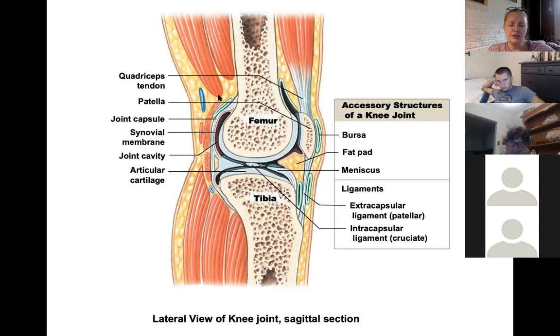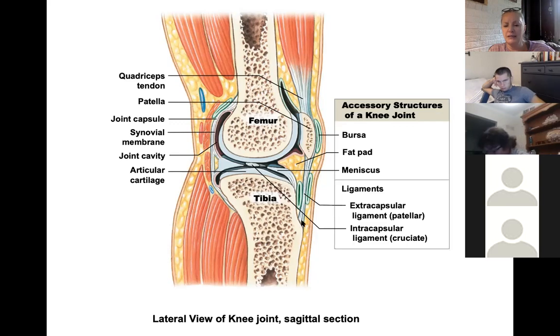You can also see you're going to have all these muscles and tendons. You have your big quadriceps tendon inserting on your patella here, which also is continuous with your patellar tibial ligament right there. You can see you have little bursa in between these ligaments.